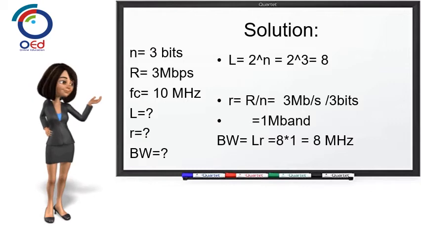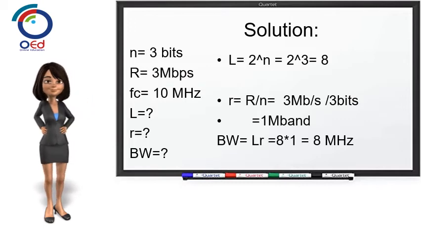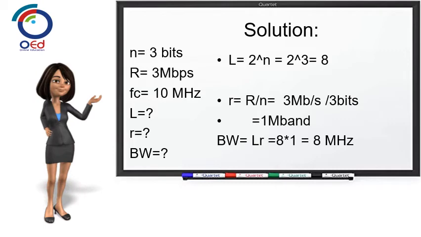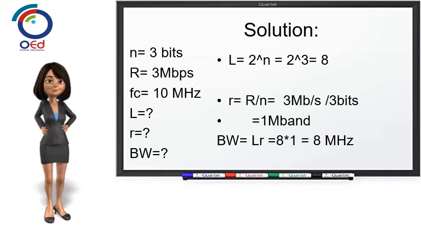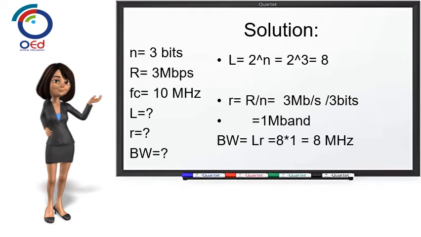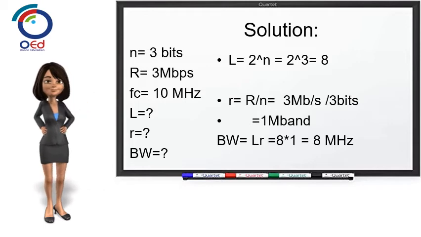Here we have n equals 3 bits at a time, the bit rate is 3 Mbps, and the carrier frequency is 10 MHz. So we need to find the number of levels, the baud rate, and the bandwidth.